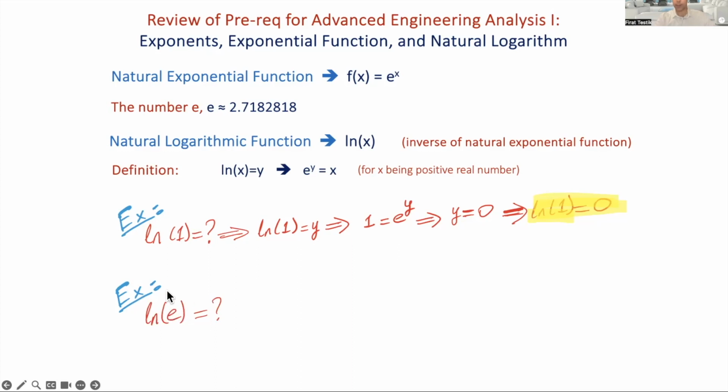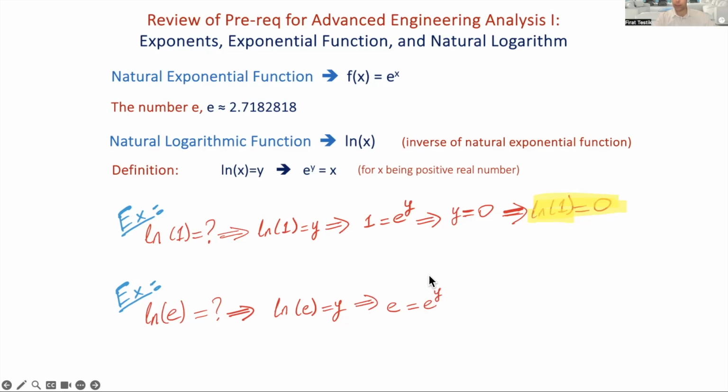As another example, another important case is natural logarithm of the number e. Again, let's consider that ln of e is equal to y. Using the natural logarithm definition, then argument e is equal to e to the power y. On the left side, e is e to the power 1. And on the right side, we have e to the power y.